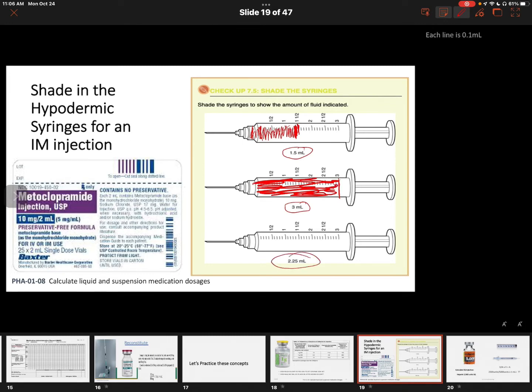Let's look at the next one. 2.25. Here's 2, and here's 2.5.